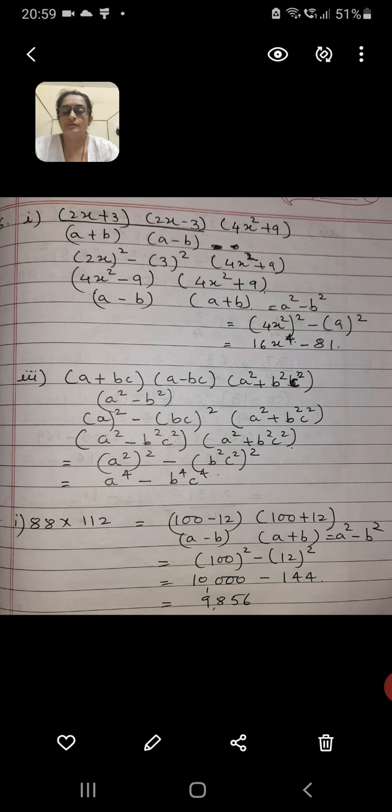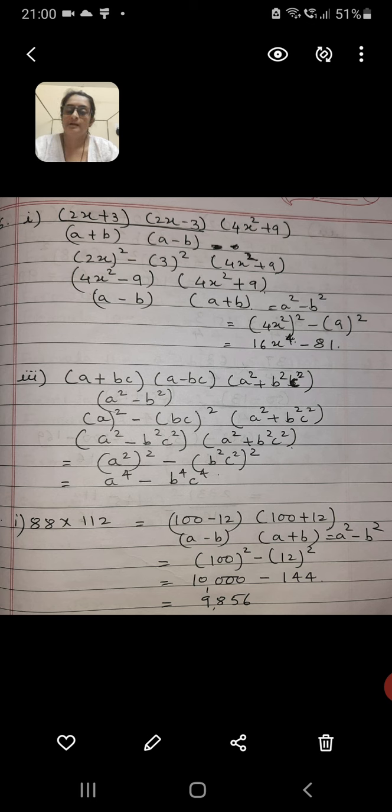So when you solve the first two in the form of a square minus b square, we will get a square minus b square c square, and the last bracket is with positive sign. So here again we are going to use the same formula, a square minus b square. a square is a here, b square c square is b here. So using that, a raised to 4 minus b raised to 4 c raised to 4 is your answer.